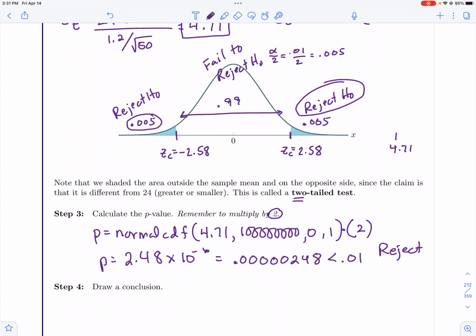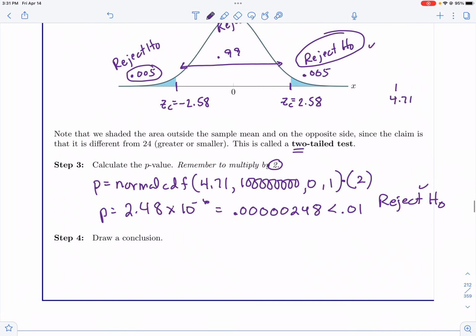So our p-value supports our test statistic up above. In both cases, we were able to reject H naught. So finally, our conclusion is we reject H naught.